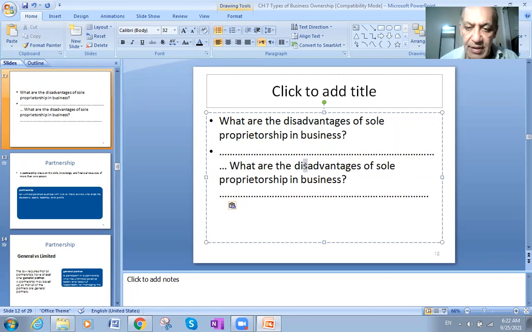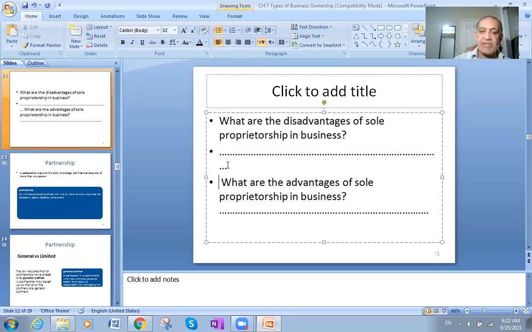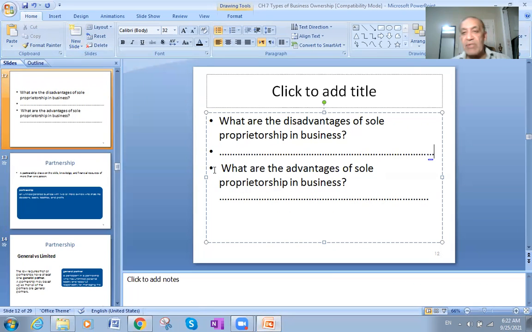What are the advantages of the sole proprietorship? So we have a question for the advantages, and a further question for the disadvantages of the sole proprietorship. So we have a question about what is the sole proprietorship, another about what are the advantages of the sole proprietorship, and another about the disadvantages of the sole proprietorship.